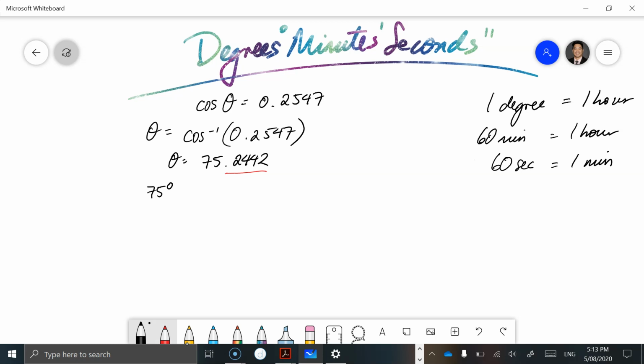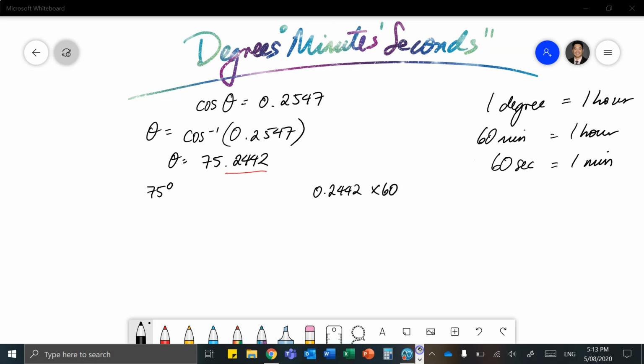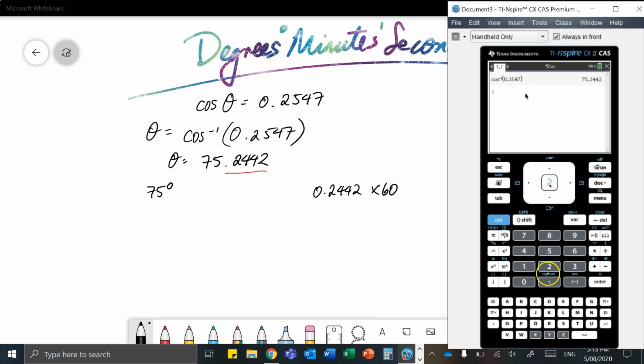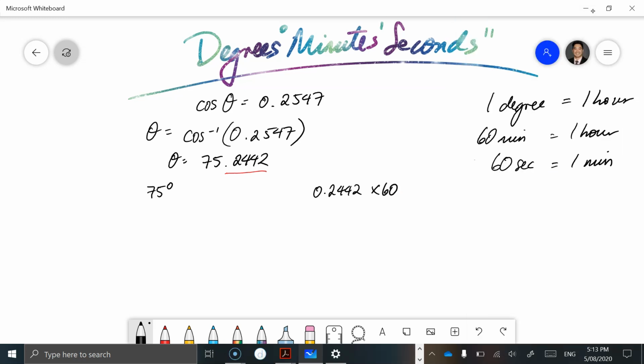So you'll need to take 0.2442, because we know that there are 60 minutes in an hour, and multiply this by 60. 0.2442 times 60 leaves us with 14.652 minutes.